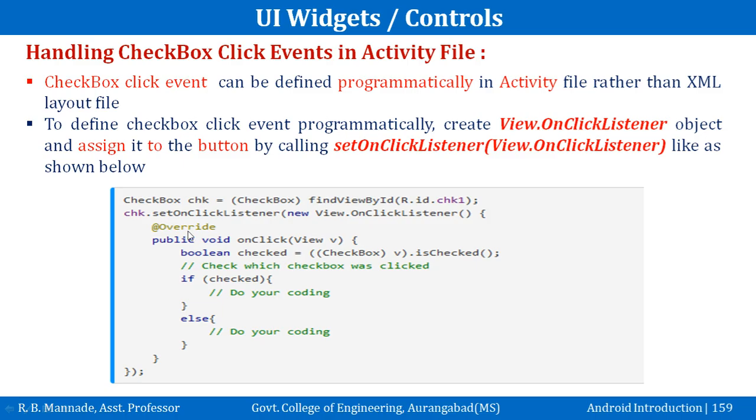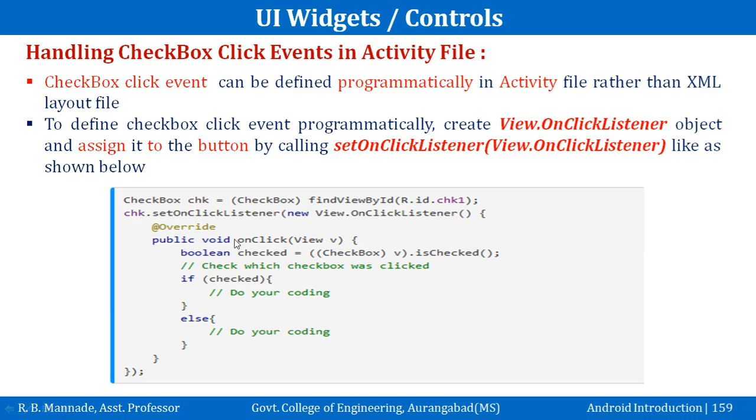It means we are registering this onClickListener for this particular checkbox, so that whenever the user checks or unchecks that checkbox, in this case chk, this onClickListener will come into action and call the appropriate event handler function.